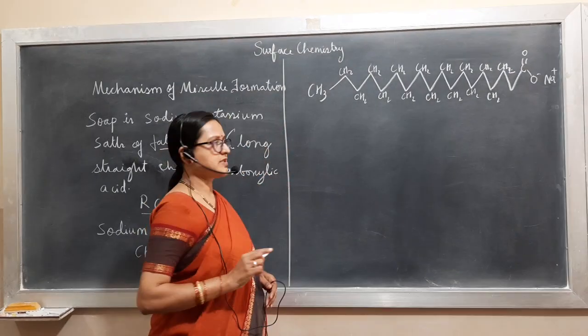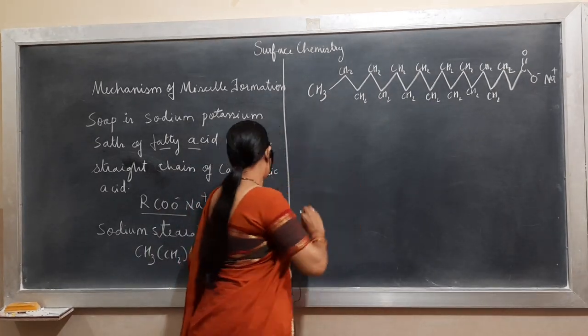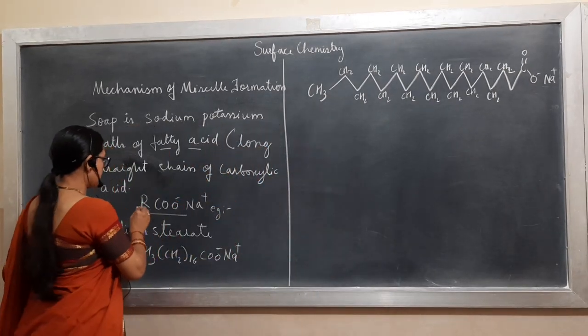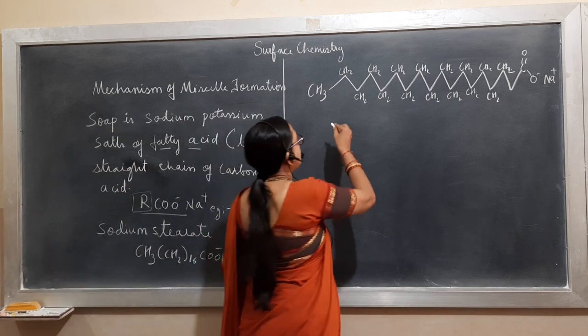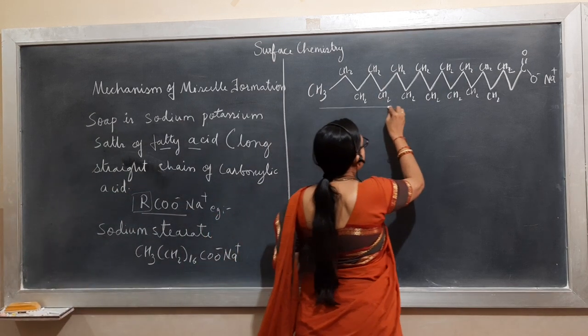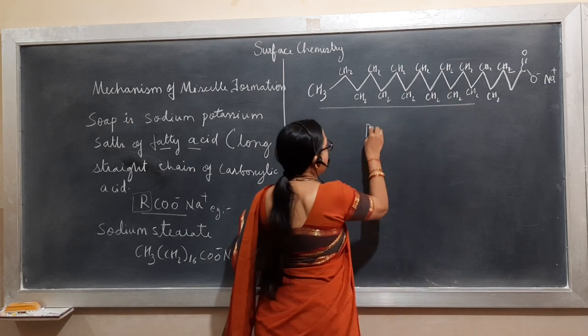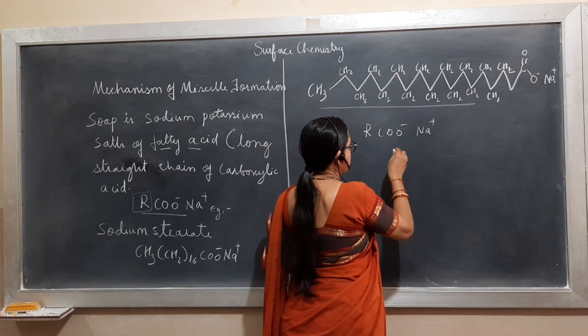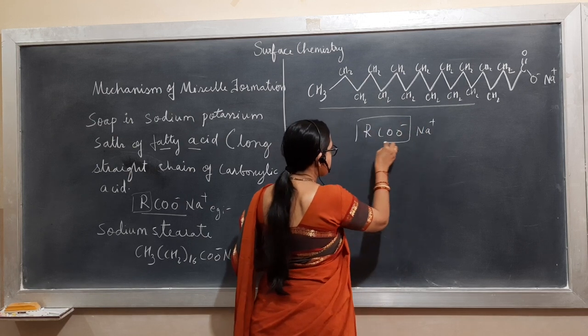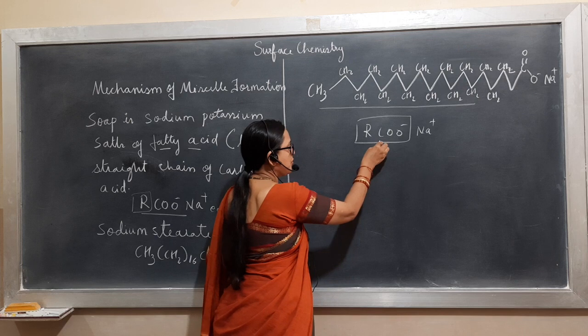This dissociates. All this part is RCOO minus, and this RCOO minus is having two parts.